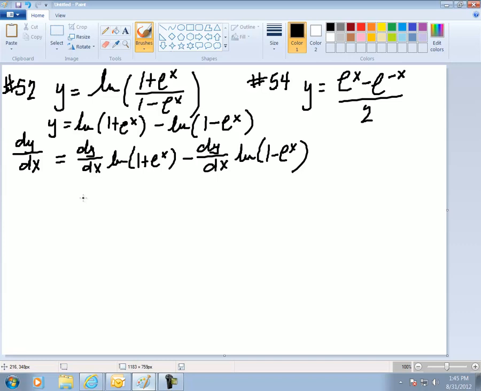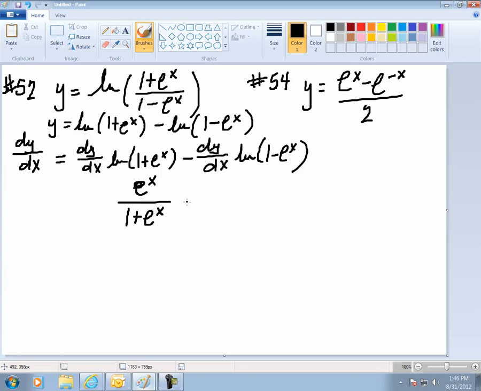Okay, and so in this first part, recall that the derivative of the natural log is just 1 over that. Okay, remember it's the derivative of u, or u prime over u. Okay, so this is going to become the derivative of u, which is 1 plus e to the x, so it's e to the x, okay, over my u, which in this case is 1 plus e to the x.